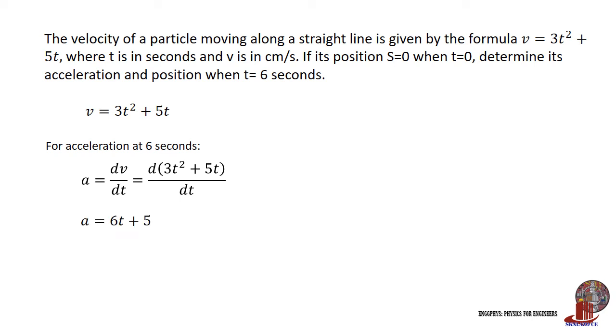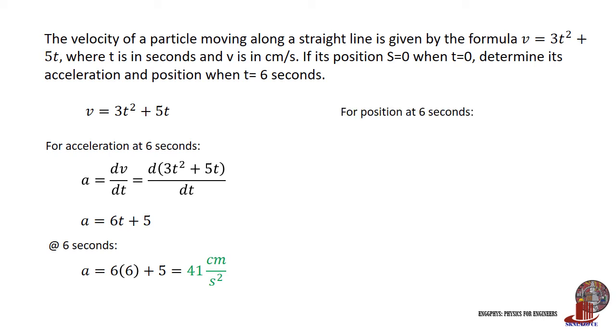And simplifying, we get an acceleration equation, which would be a is equal to 6t plus 5. If we plug in our t value, which is 6 seconds, that would come out as a is equal to 6 times 6 plus 5, which would turn out as 41 centimeters per second squared.